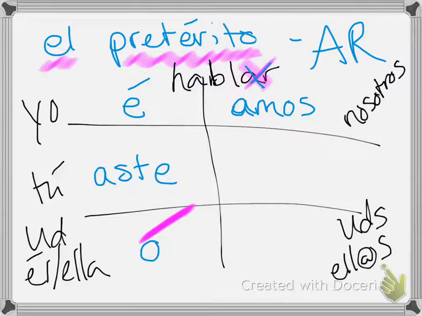And ustedes, ellos o ellas, this is going to be hablaron. Okay, now you've probably noticed that all of this looks very little like all of the other endings we've talked about, right? This one does not follow the patterns. It's definitely more tricky. So that's why I saved the best for last.